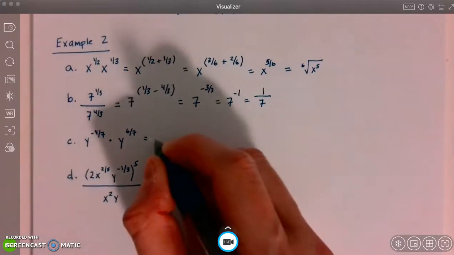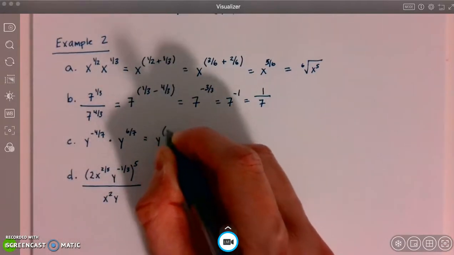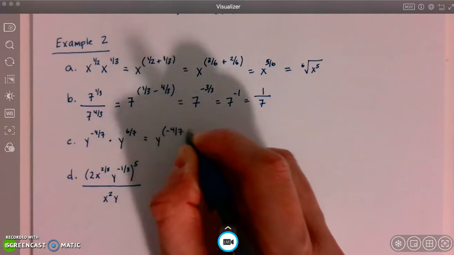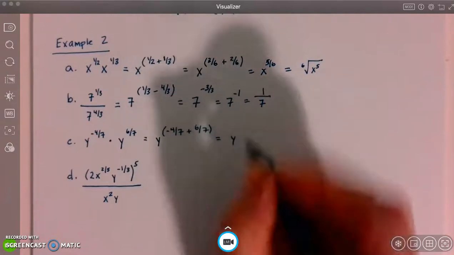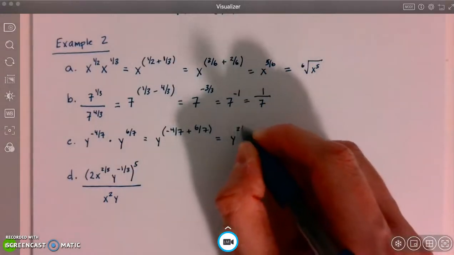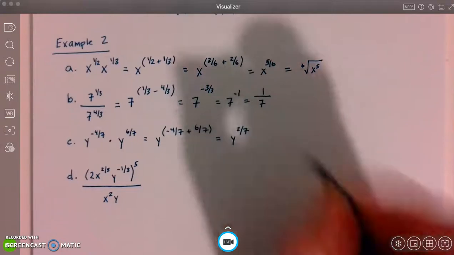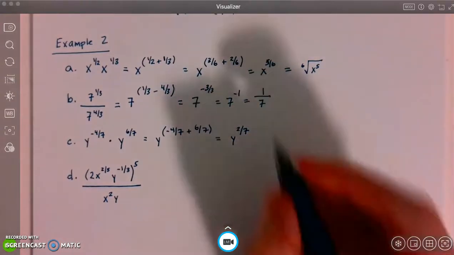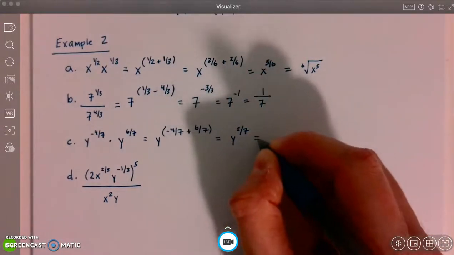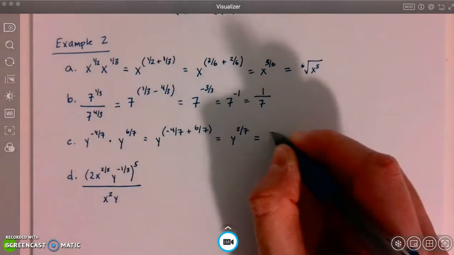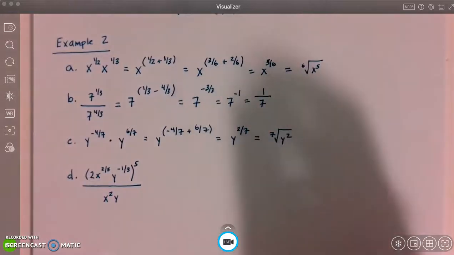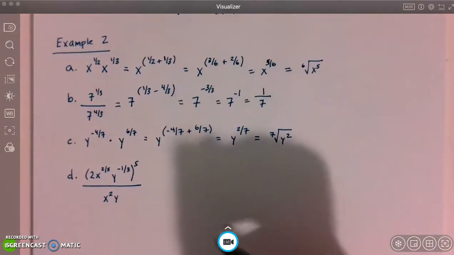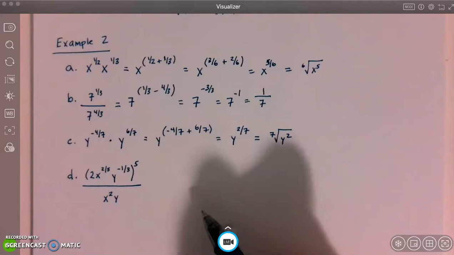So I'm going to rewrite this as y to the negative 4/7 plus 6/7, and that's going to give me a positive 2/7 in the exponent. You could leave that as your final answer, or if you wanted to rewrite this as a radical, this would be the 7th root of y squared. Once again, it all depends on how you're being asked to give the answer, whether it's with a rational exponent or in radical form.